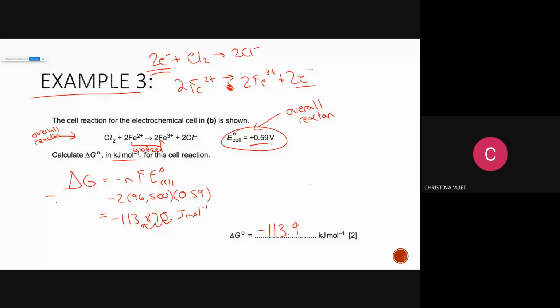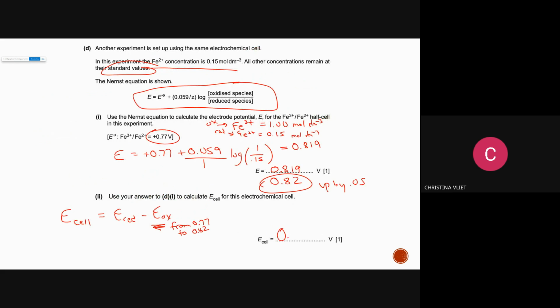This is the overall. 0.59 would change to what? You have to think about it. This is not an easy question because you've got to think. It would be 0.54. Alex has it. Why?